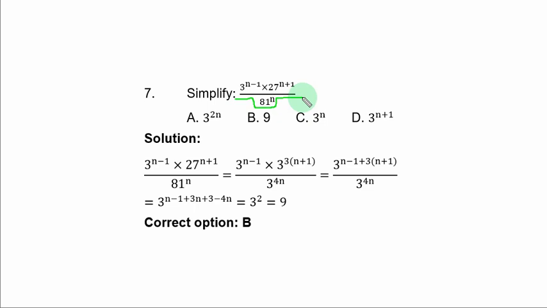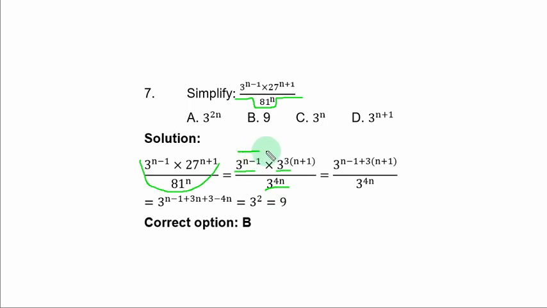So you express all the bases in base 3. So this is the problem. The first term remains the same. 27 can be expressed as 3 cubed, then times n plus 1 is a power, then 81 is expressed as 3 power 4. So you have 3 power 4n.